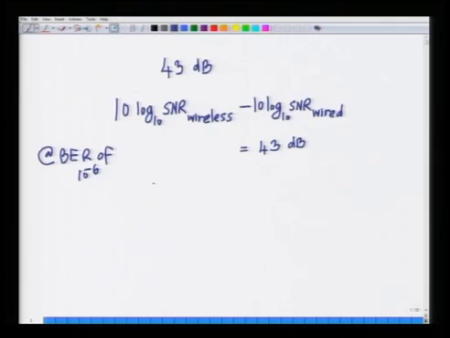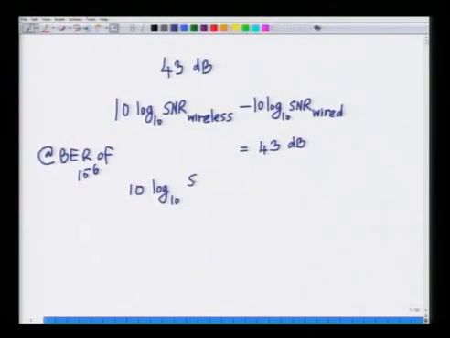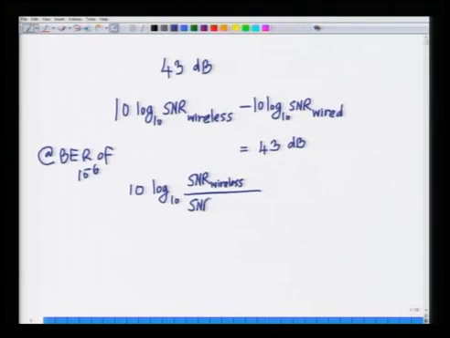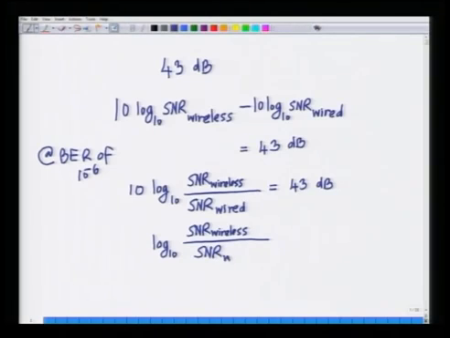I will simplify this as follows. The difference of logs is nothing but the log of the fraction, which is 10 log 10 of SNR of wireless divided by SNR of wired, which is equal to 43 dB, which means log 10 of SNR of wireless divided by SNR of wired is equal to 4.3.